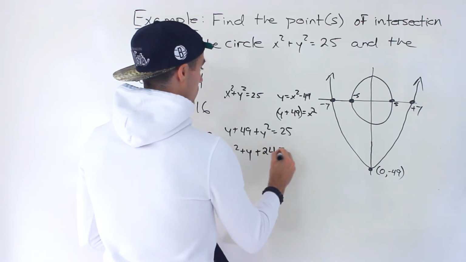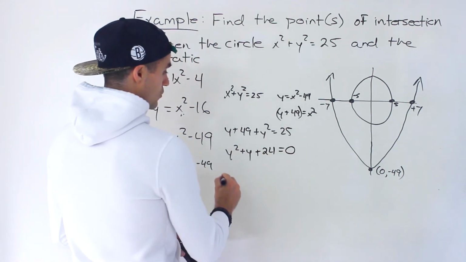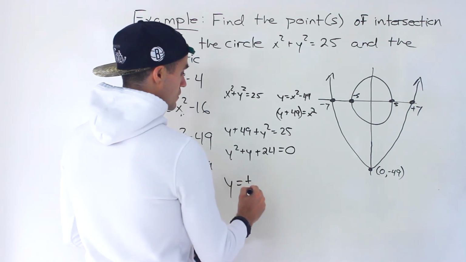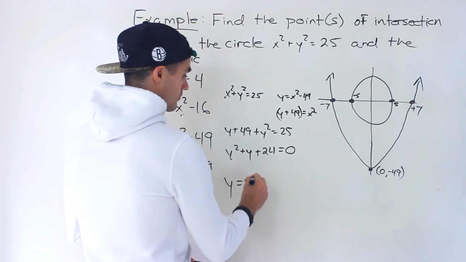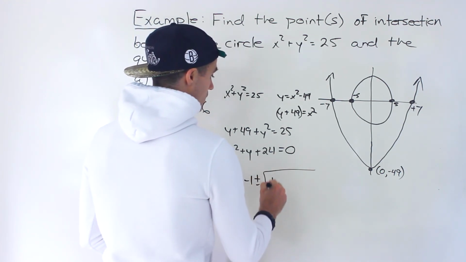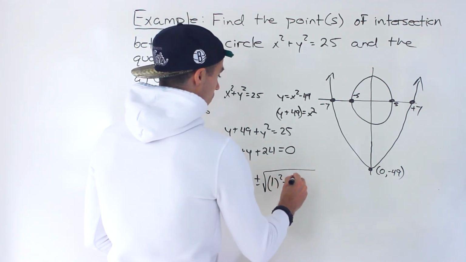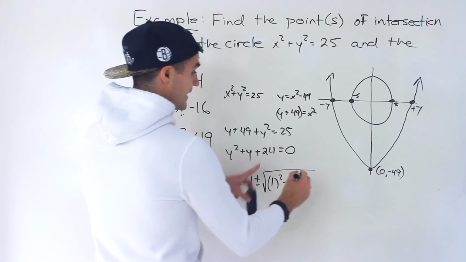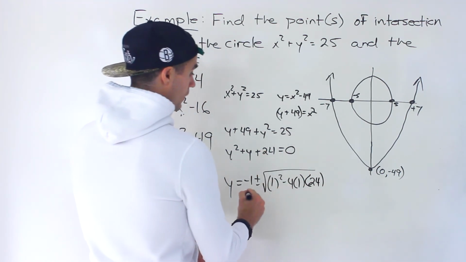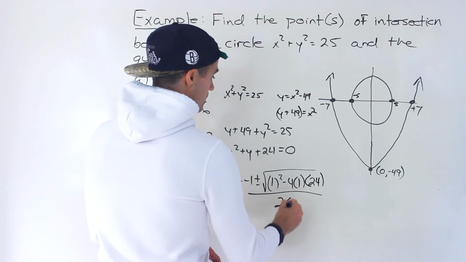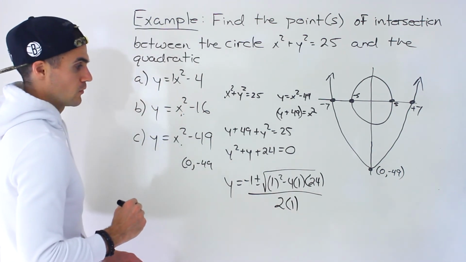Positive 24. That's going to equal 0. So throwing these into the quadratic formula, we'd have negative b, so negative 1 plus or minus the square root of b squared, which is 1 squared, minus 4 times the a value of 1 times the c value of positive 24, all over 2 times that a value of 1.